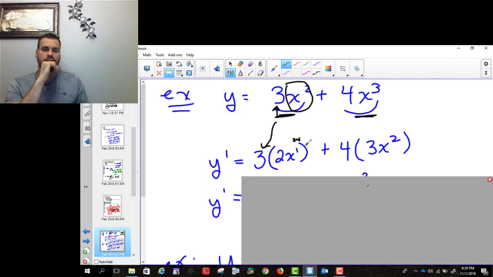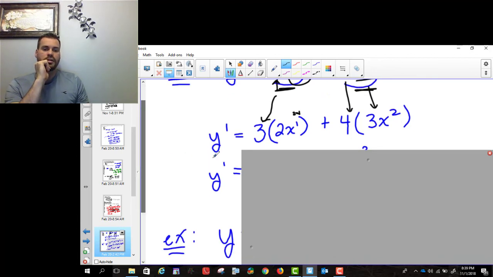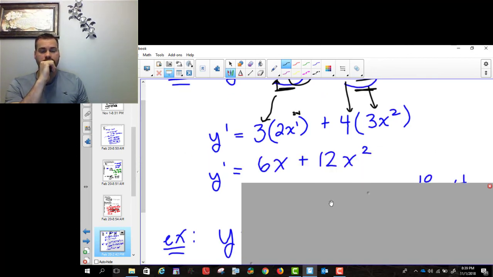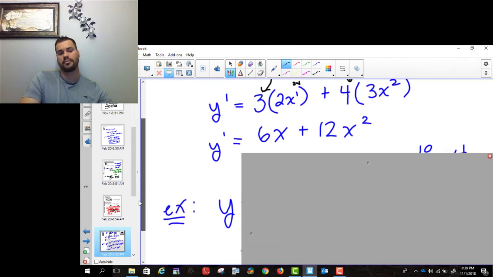That's where we're getting the 1. We do the same thing here. The 4 follows because of the constant multiple rule, and for x cubed, we use the power rule, bring the power down, and subtract 1, we get 3x squared. And then we just multiply that out and get 6x plus 12x squared. We can jump directly to here. I'm just emphasizing the steps, but you can quickly go through the steps if you wish to.